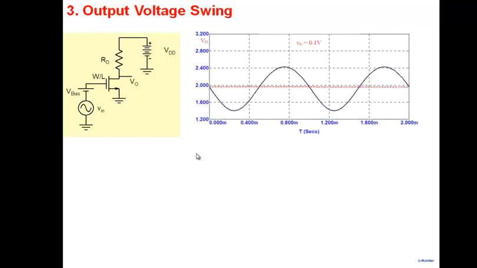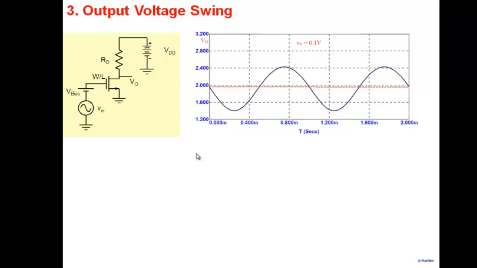This particular diagram shows V0 versus time, and Vin is 0.1 volt. Because of the sinusoidal voltage, there is a sinusoidal current, as I explained in the last lecture, and because of the sinusoidal current, there is a sinusoidal voltage here.